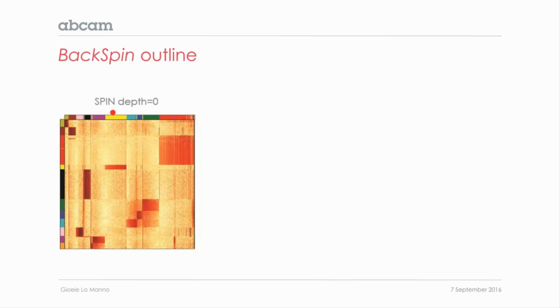So if you just apply the spin algorithm, spin knows very nicely to sort the cells and the genes into a great one-dimensional order, but it cannot find those borders between the groups, between these clusters. So it's not an algorithm that can identify these kind of blocks. So this is where backspin can come into action.